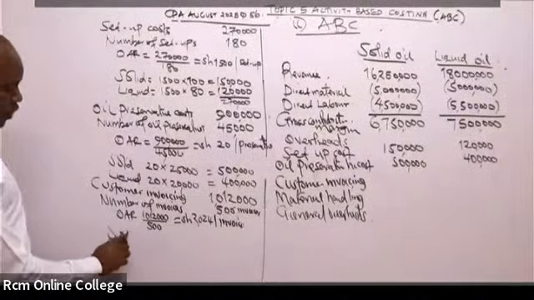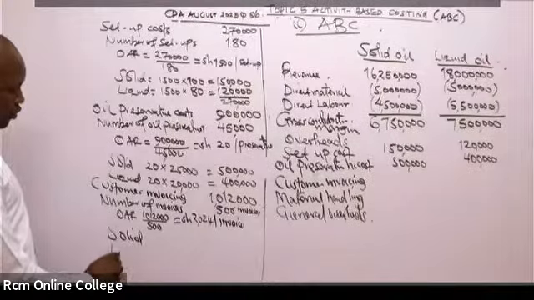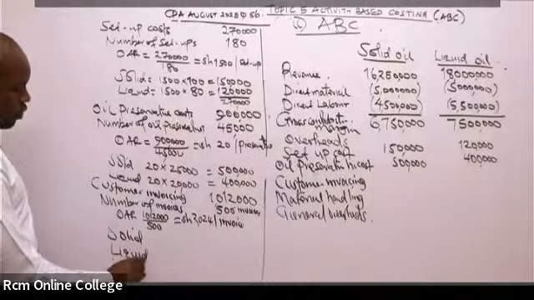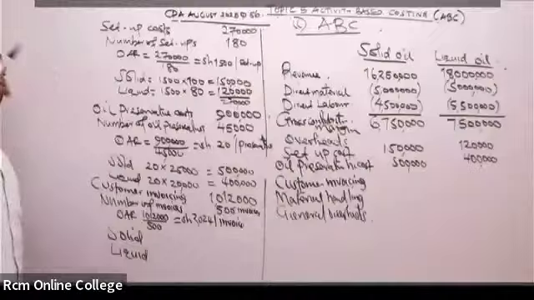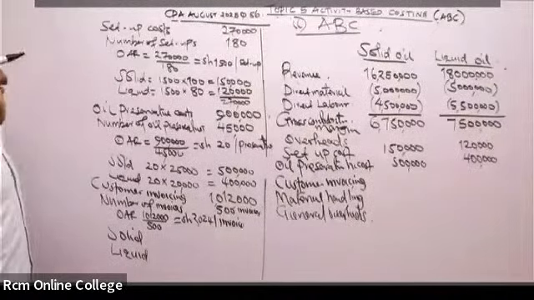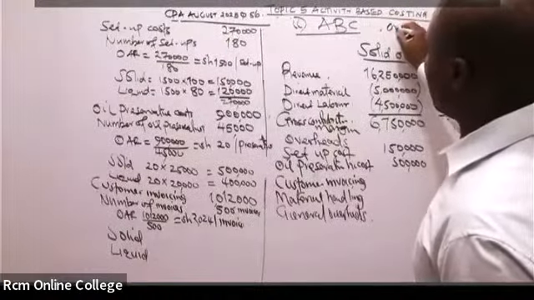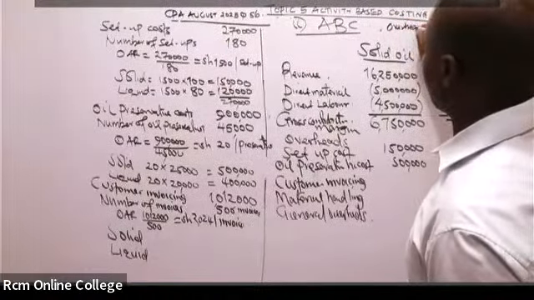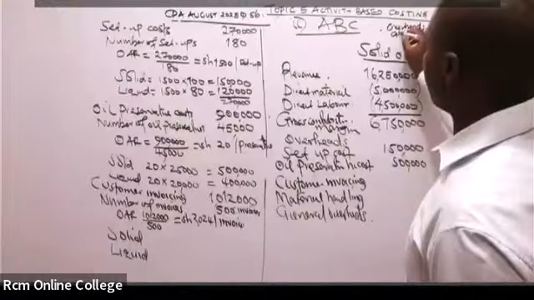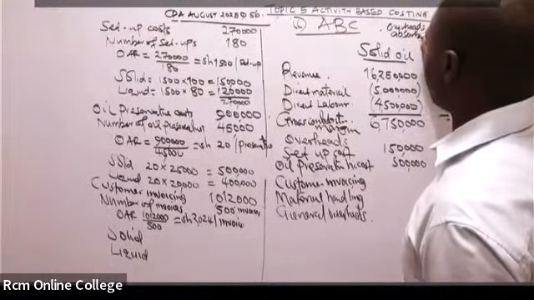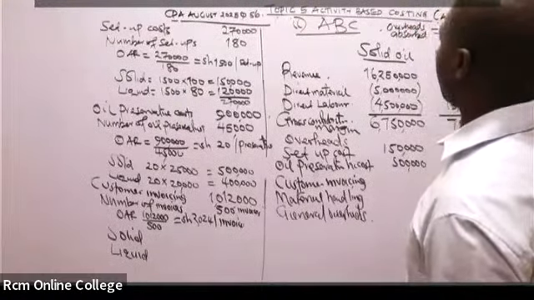What do we have for the solid? What do you have for the liquid? So overhead absorption rate, I hope someone is able to remember that for us to be able to get overheads absorbed. Overheads absorbed is equal to overhead absorption rate.